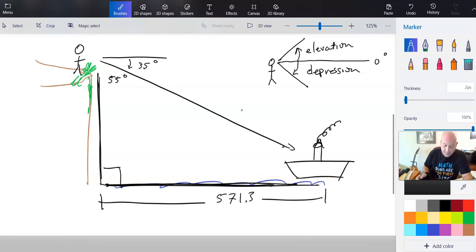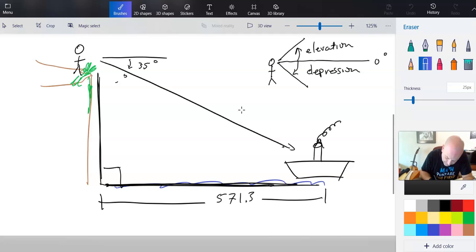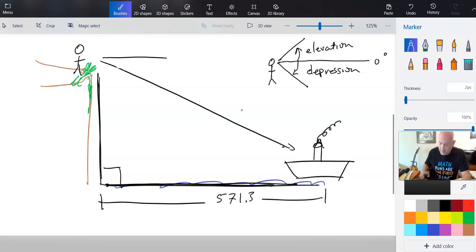Now let's suppose, since we found that, that I check a couple minutes later. We'll switch colors. That'll be better. I check a couple minutes later, and the boat's moved.